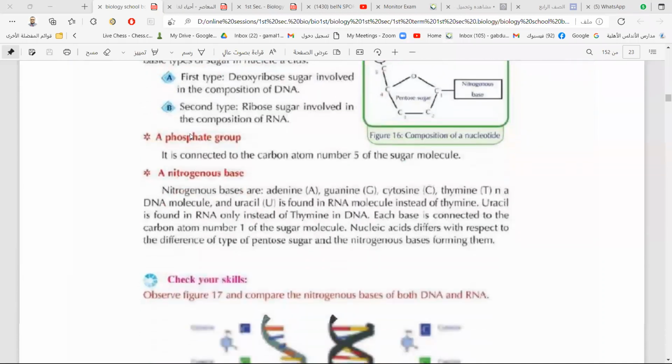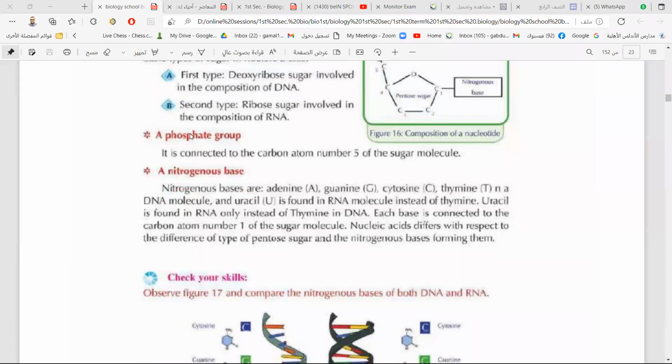So we have the first type, which is deoxyribose sugar, involved in the composition of DNA. DNA has deoxyribose sugar, but RNA has ribose sugar. There is a shortage of one oxygen atom in deoxyribose sugar in DNA.